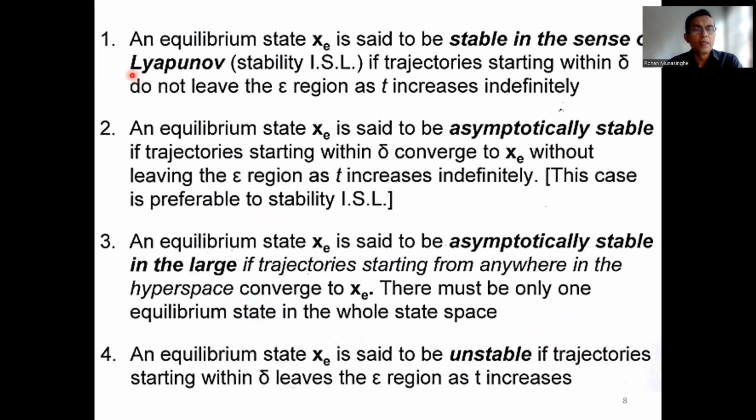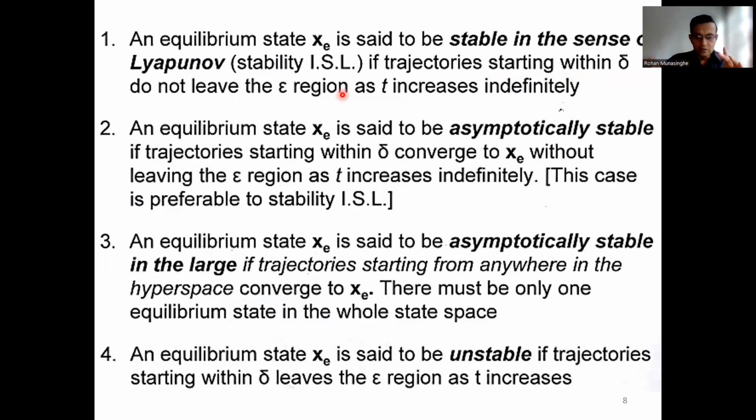Number one, an equilibrium state is said to be stable in the sense of Lyapunov if the trajectory starting within delta, the smaller area around the equilibrium point, does not leave the epsilon region. So if you introduce the perturbation in that small area, the state trajectory does not leave the epsilon region, a bigger space, slightly bigger than delta.